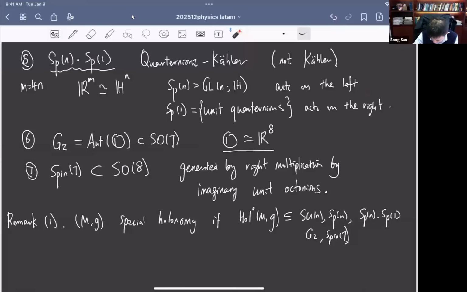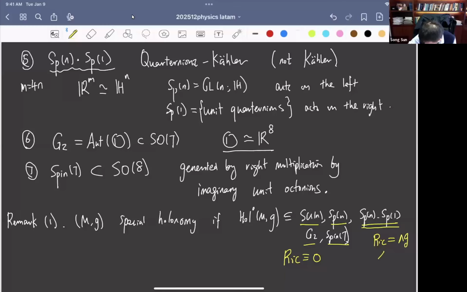We will talk more about Kähler metrics later. But the point is that these special ones are Einstein, and these two maybe not. These four cases are Ricci flat. They're all Einstein, more special than Einstein: they're Ricci flat. And this one is known to have non-zero Einstein constant, Ric = λg with λ nonzero.